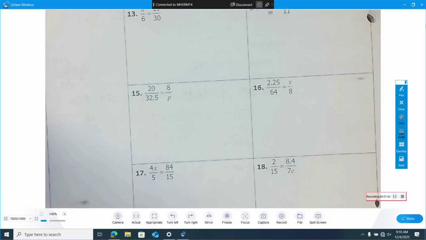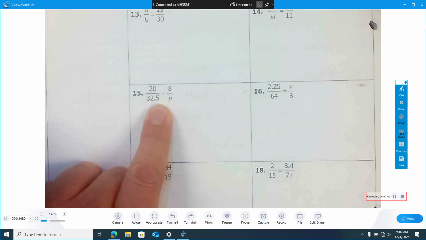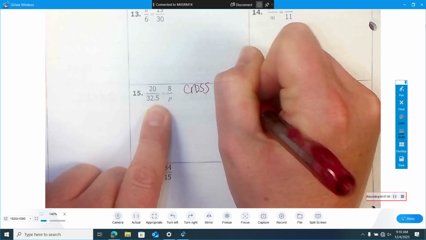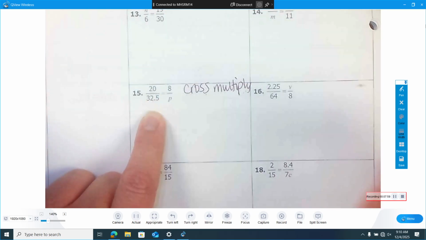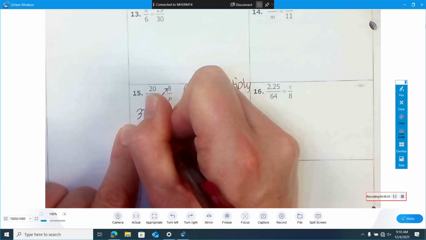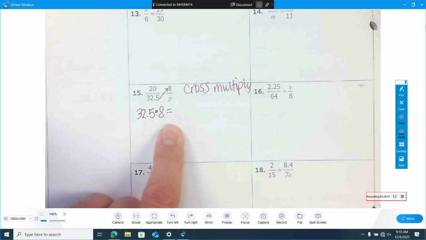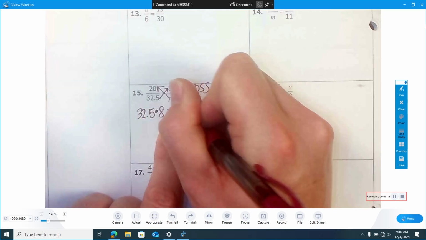We're going to do 15 and 16, and then the harder ones at the bottom. How do you solve a proportion, ladies and gentlemen? Cross multiply. All right, we are cross multiplying. We're going to multiply what times what? 32.5 times 8. And that's going to be equal to what times what? 20 times P. Very good.